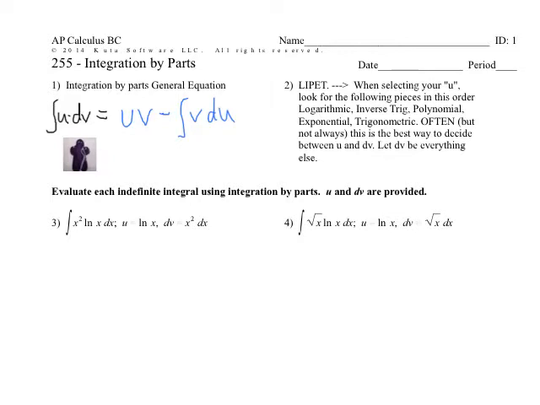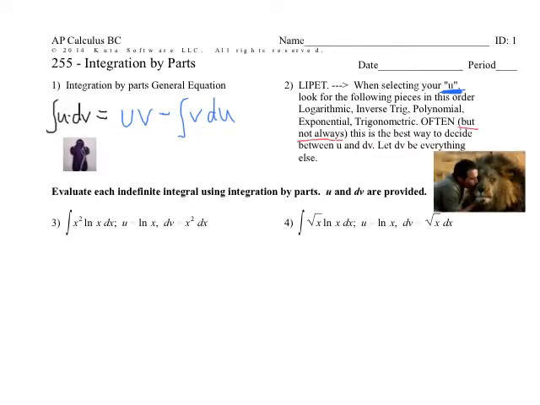When selecting your u, you should go down the list and look for the following pieces in the order of logarithmic, inverse trig, polynomial, exponential, and trigonometric. Often, but not always, this is the best way to decide between the u and dv. So you'll use LIPET to find your u, and then dv will be everything else.